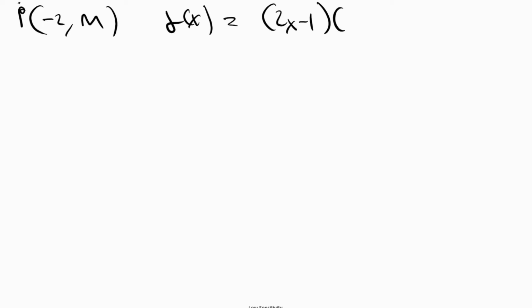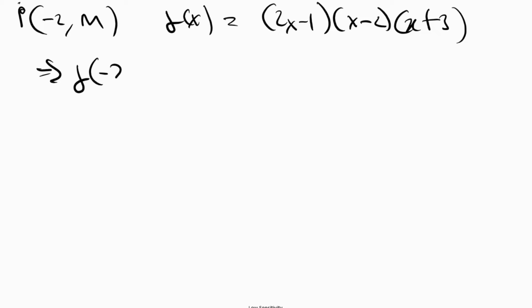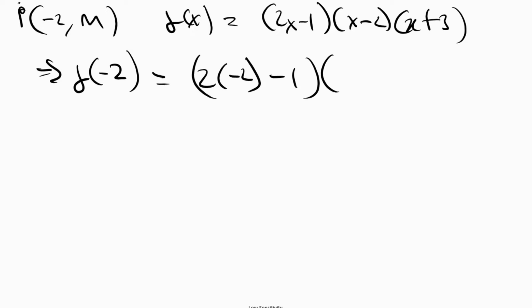So we have the point P, (negative 2, m), and our f of x is equal to (2x minus 1)(x minus 2)(x plus 3). So now this is f of negative 2, which is equal to (2 times negative 2 minus 1) times (negative 2 minus 2) times (negative 2 plus 3).